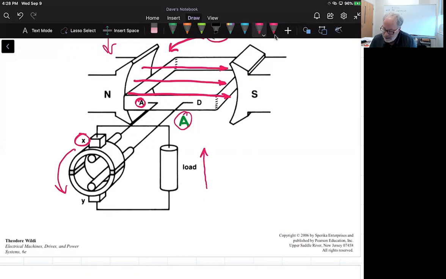When it was an AC voltage, it would be going this way for half of the cycle and through this, the second part of the cycle. That's an AC voltage. But for the DC voltage, because of this commutator, the current never changes direction because the polarity never changes.